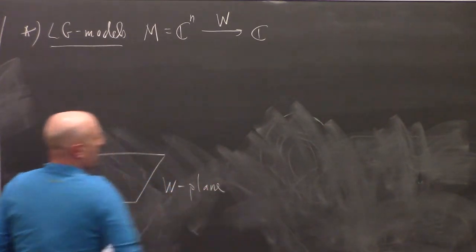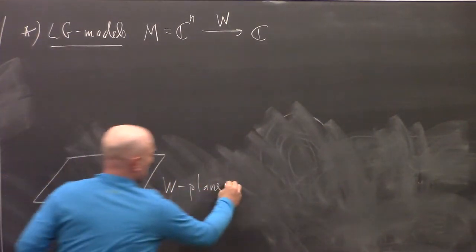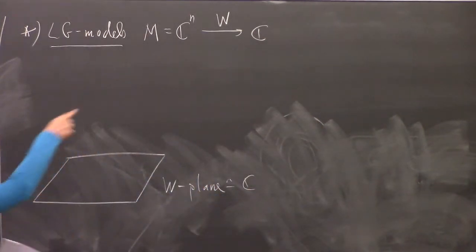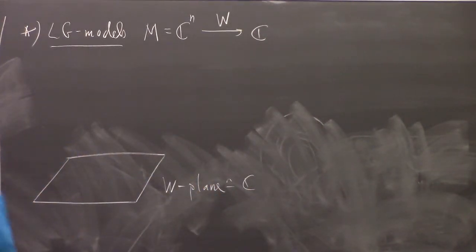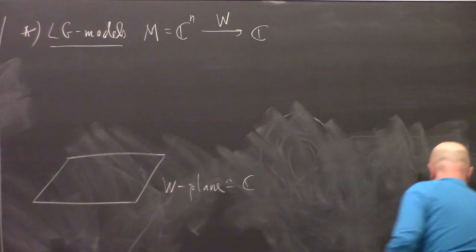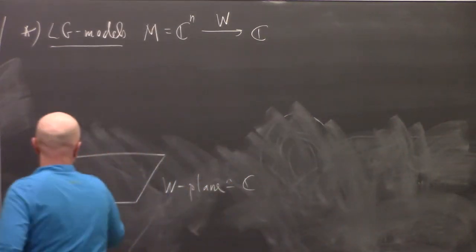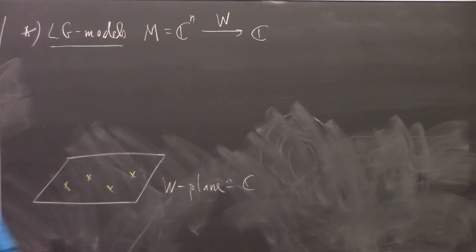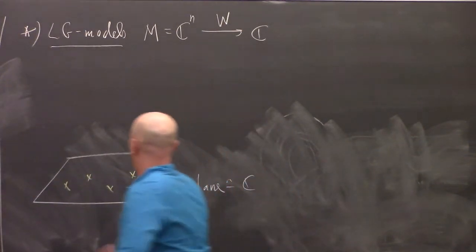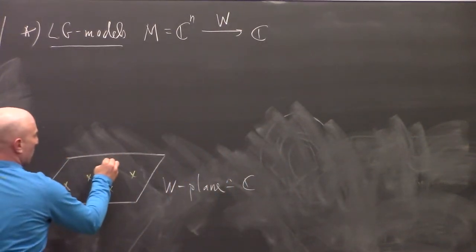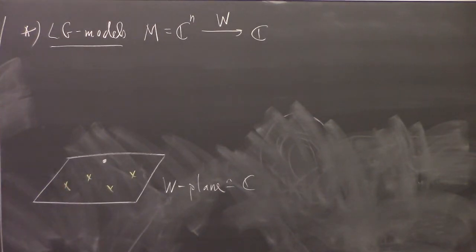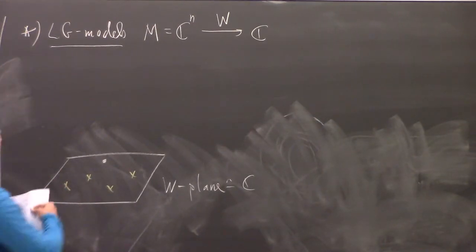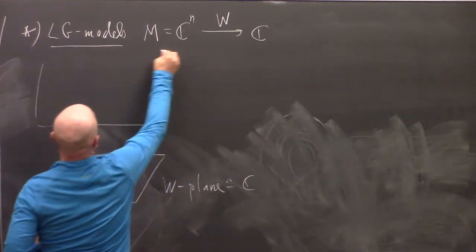It's a copy of C. And then inside the W plane, there are some critical values. Here are the critical values, and then there's also everything else, which is a regular value, so I'll just pick one regular value here. And then you should have a picture of M as living above this.